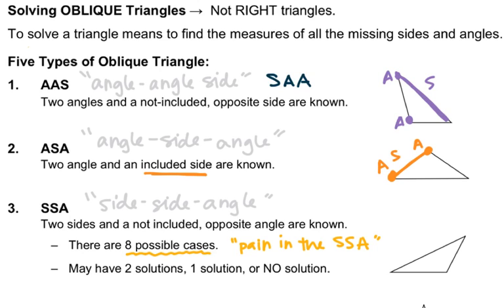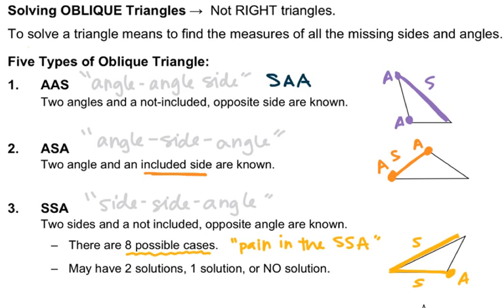So an example of what this looks like, we know 2 sides. So side, another side, and then an angle that is not included. So maybe this angle up here, side, side, angle, or angle, side, side. All right, I could have identified that differently. I could have said side, side, angle over here. So side, side, angle, or angle, side, side.